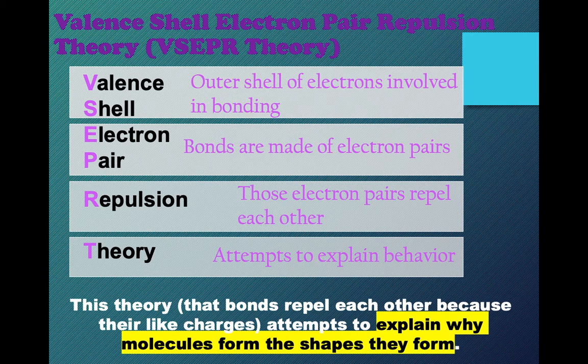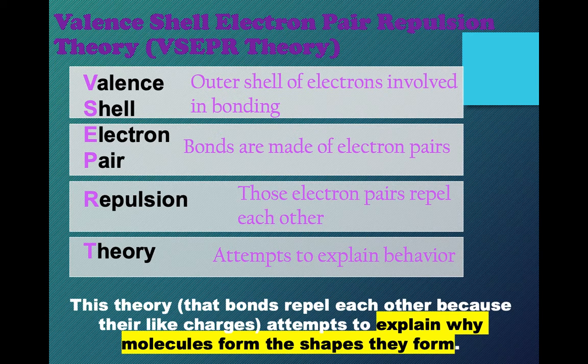This understanding that when these things are bonded together by electrons, and electrons are all negative, they're going to repel and get away from each other as far as possible.